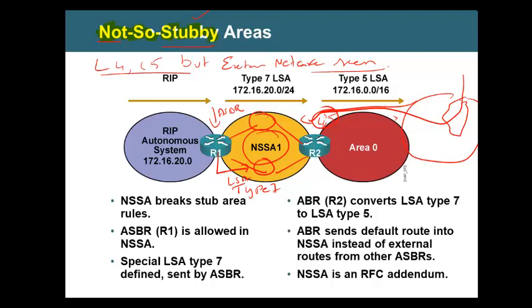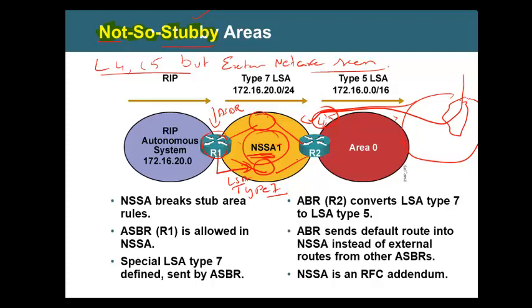But the ASBR that is local to the autonomous system still manages to give the external networks, because it is not going to give us type 4 or 5. When you configure an area as a not so stubby area, the external networks are sent as type 7. As a result, they are not stopped. You understand?